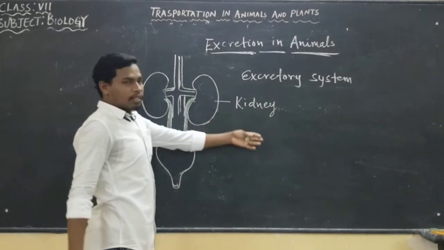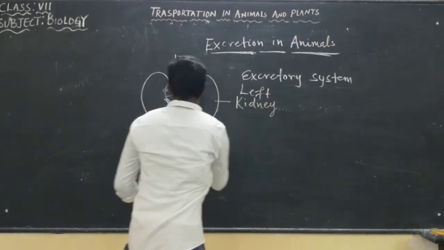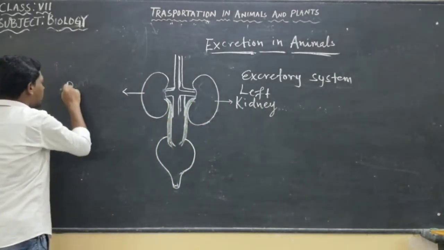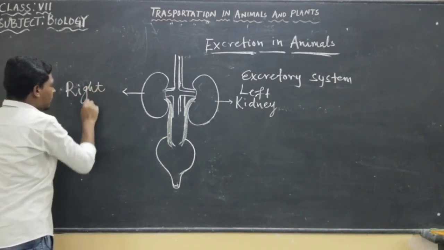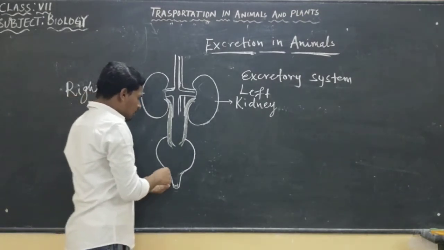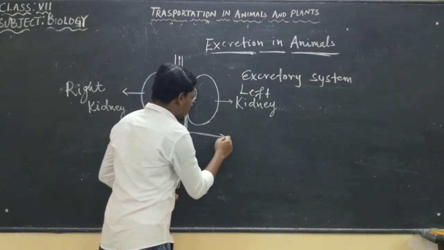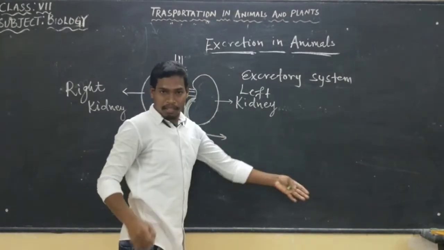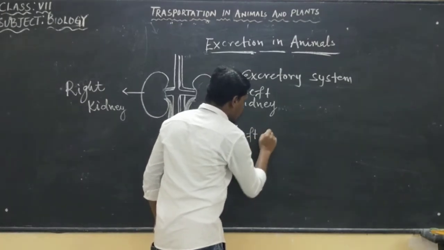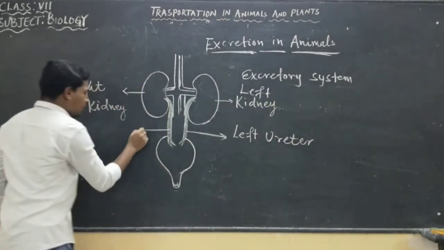This is the left kidney, and this is the right kidney. And here you can see a pair of ureters. This is present towards the left side, so it is known as the left ureter, and this is the right ureter.